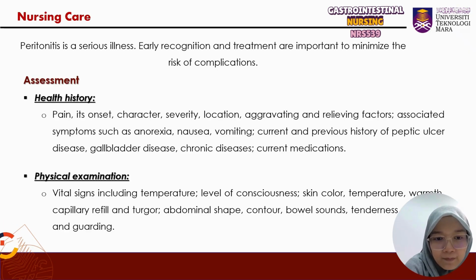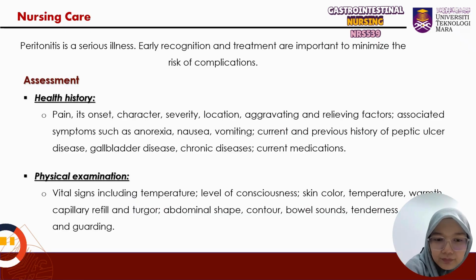So for the assessment, we have to take the health history of the patient: the onset of the pain, the characteristic, the severity, location, and aggravating and relieving factors of the pain, associated symptoms such as anorexia, nausea, and vomiting, current and previous history of peptic ulcer disease, whether the patient has gallbladder disease or chronic disease, and what are the current medications that the patient is taking.